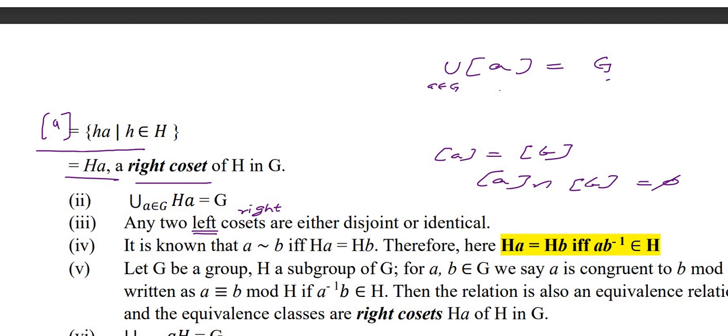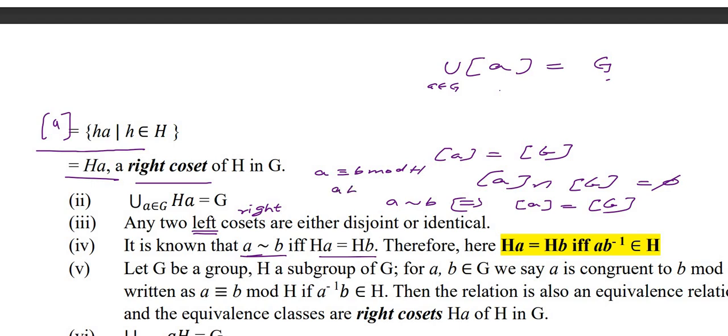And again, this is known: A is related to B if and only if class A is equal to class B. So we have A related to B if and only if class A, which is HA, equals class B, which is HB. But how is this relation A related to B defined in this context? It is defined as A is congruent to B mod H. And when do we have A congruent to B mod H?